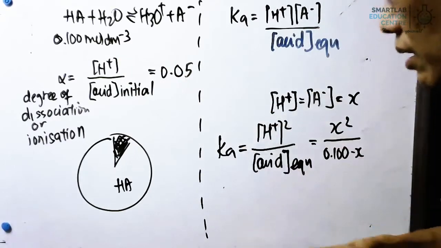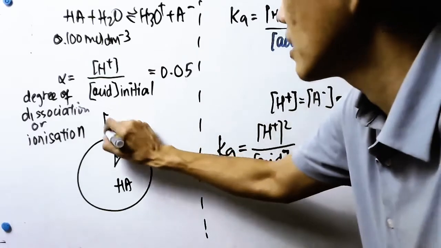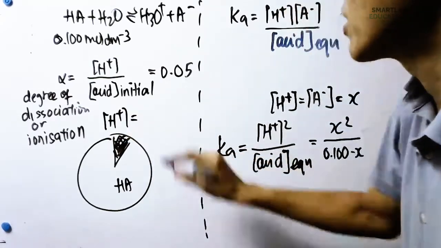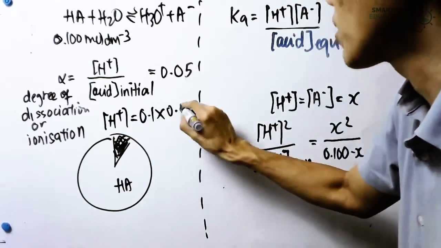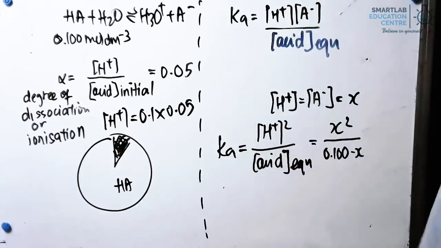So the calculation allows us to conclude that the concentration of H plus will be equal to 0.1 times 0.05.